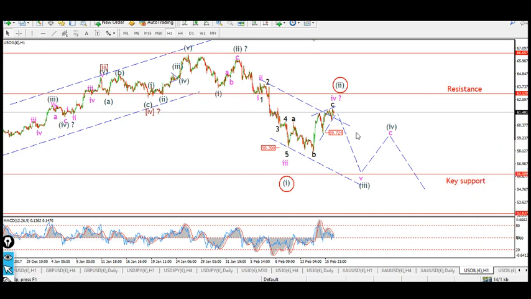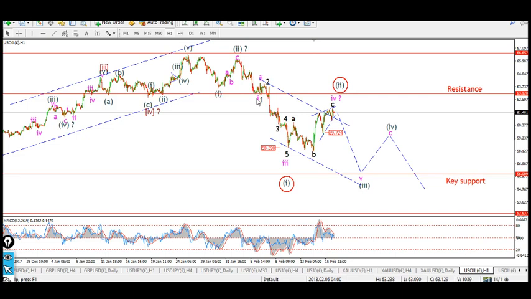So crude oil, we have two possibilities. Okay, so I was looking at a possible larger degree 1-2 pattern instead of the 1-2 developing wave 3. The reason for that is because this internal correction higher here has totally lost proportion with this previous wave 2 correction.